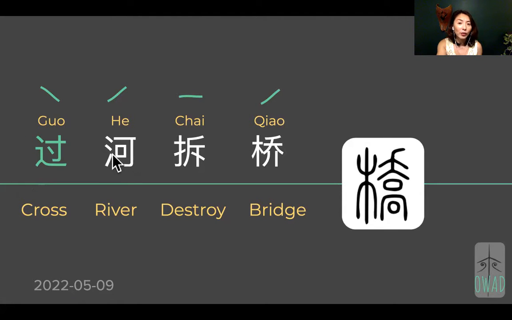River, the 3 dot sign is our water symbol, and 可 is the right side. But it's the sound maker, so meaning and sound, it means river. You will see eventually we have different ways of expressing something related to water, different water structures, waterways, geographic concepts.